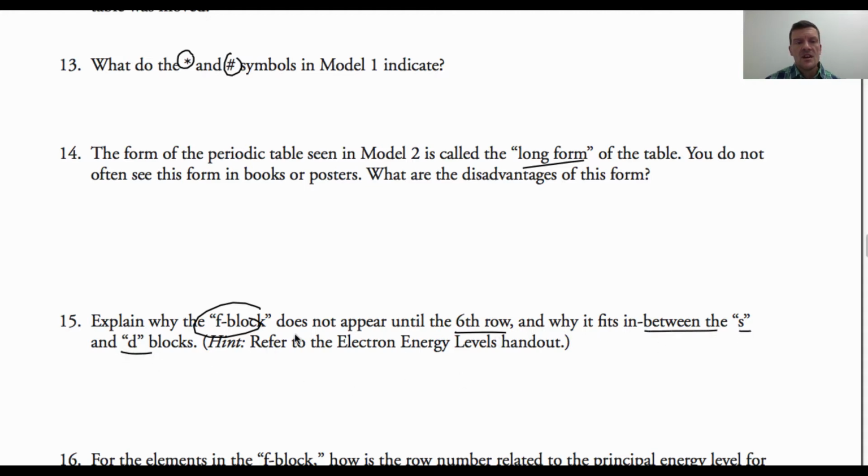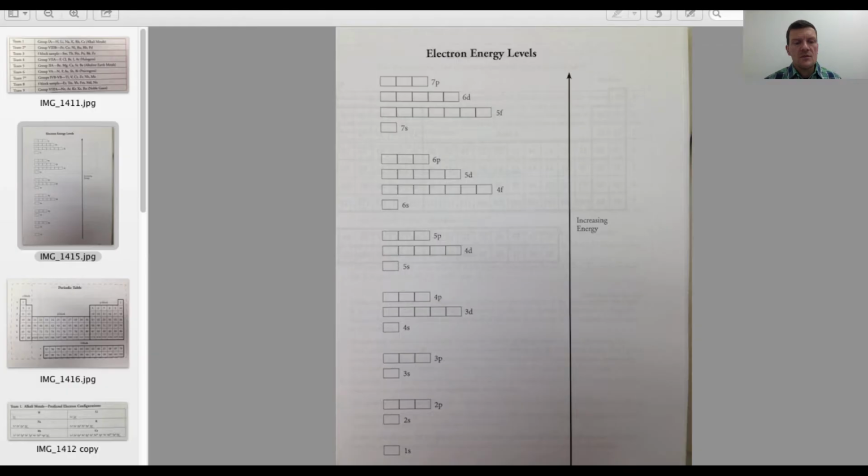So explain this. We're just going to refer to the energy level diagram here. The F block, basically all you need to know is that when you look at the energy levels, the F block doesn't appear until way up here. It is a high energy orbital, and even though it's named 4F, just because you know, the 4D and then 4F, that just happens to be the numerical sequence that is used.